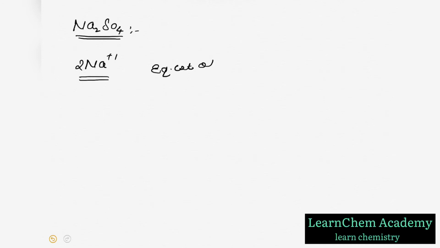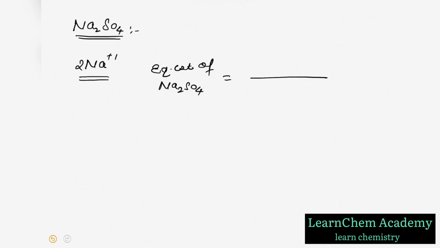Okay, let's take an example, sodium sulfate, Na2SO4. In case of Na2SO4, it contains two sodium ions, their valency is +1. So we can calculate equivalent weight of Na2SO4.